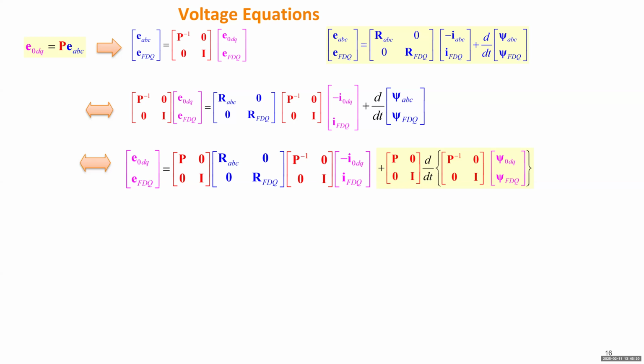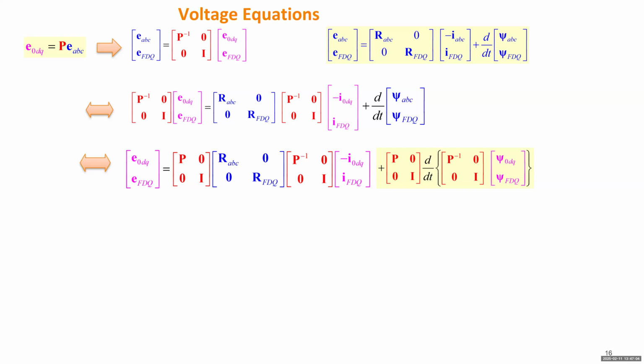And multiplying this current vector, we have three matrices, right? They together represent a matrix of all the resistances after the transformation. And the last item, which is the derivative of flux linkages, needs to be multiplied by the transformation matrix. And the vector of flux linkage also needs to be replaced by the new flux linkage multiplied by inverse transformation. Okay. Is this clear?